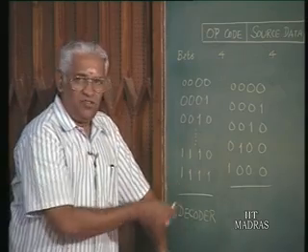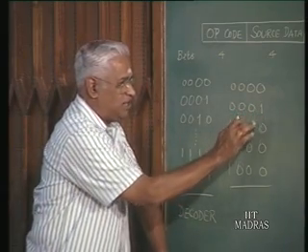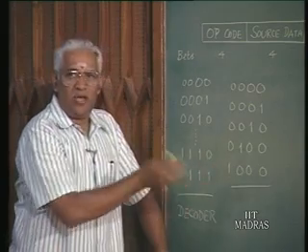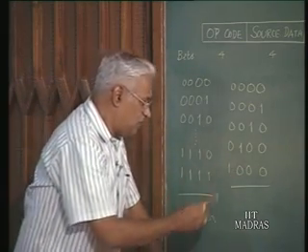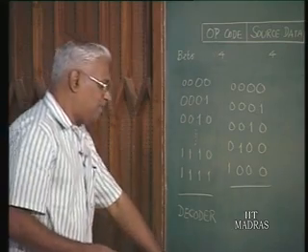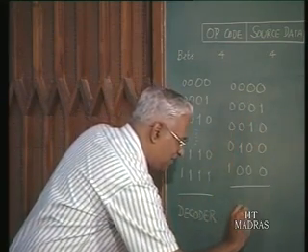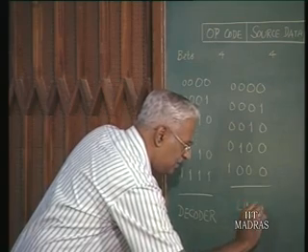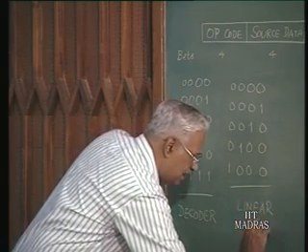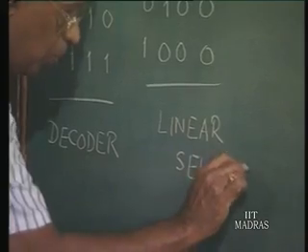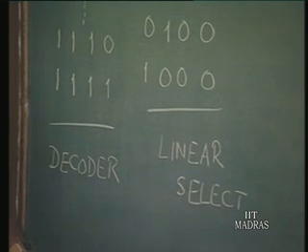If there is a 1, just by looking at where exactly the 1 is, you can make out the code. You do not need to study all the 4 bits. A scheme such as this is called a linear select scheme, linear mainly because you have only one 1 at a time in one of the different positions in a linear manner.